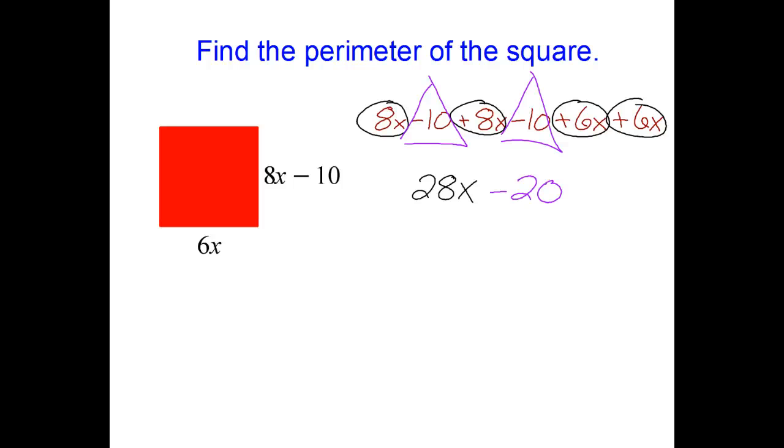Now I'm going to take this problem a step further, and I'm going to actually figure out what the value of x is to find out what the perimeter is in terms of units. Now they didn't give me units, but I'm going to try to figure out what that unit might be. Let's branch this off. So what I know about a square is that the two sides are equal to each other.